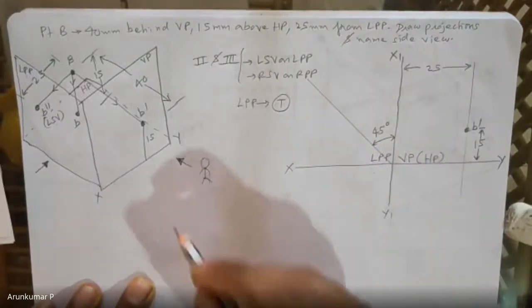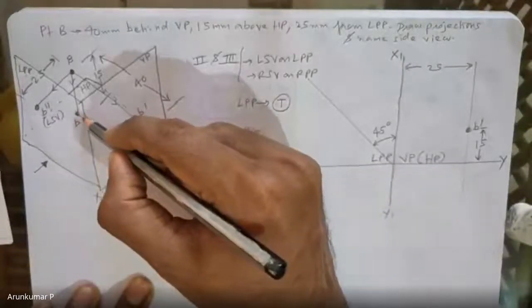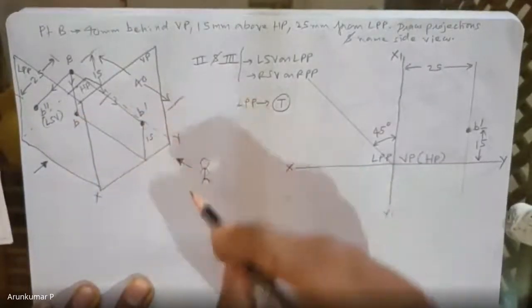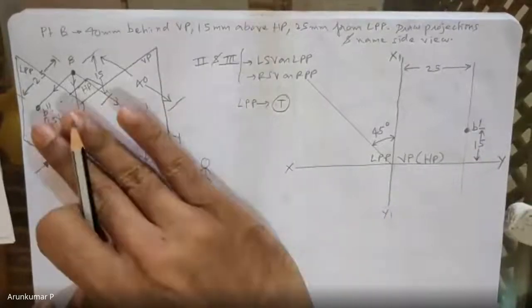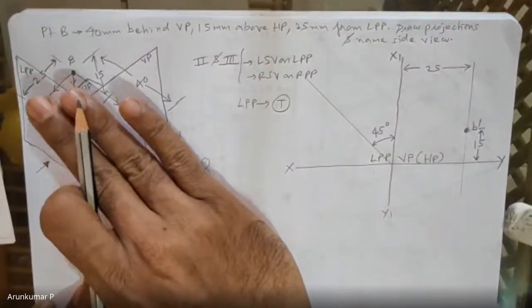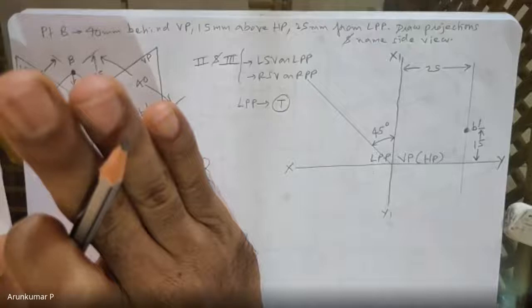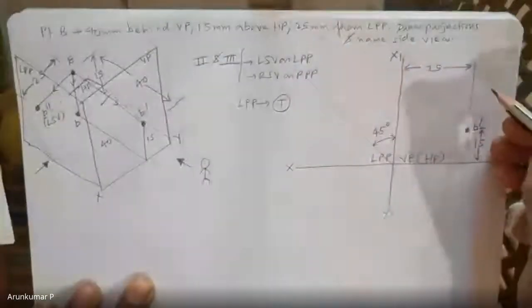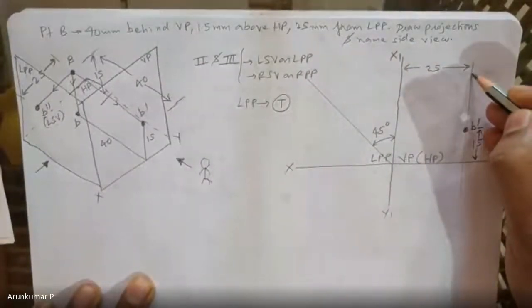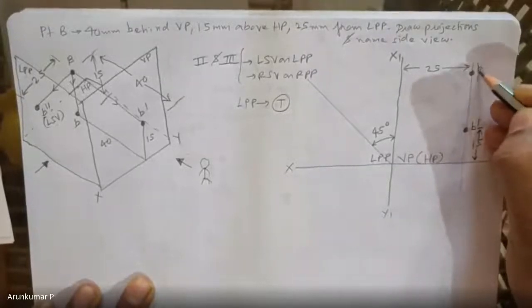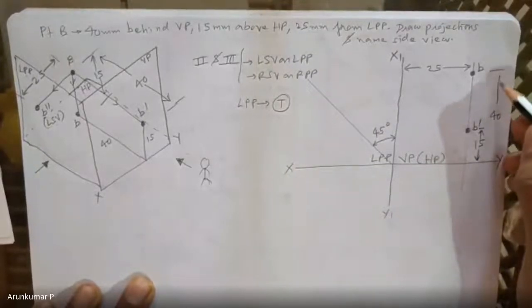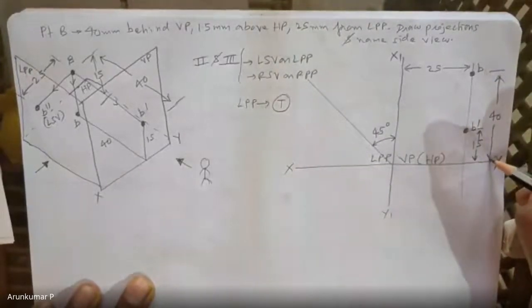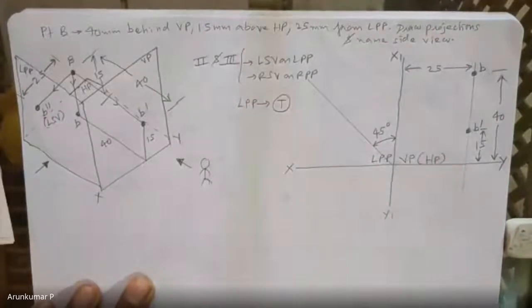Okay, next. B, the top view, is at what distance from XY line? What is the length of this line? 40 mm. Exactly, 40 mm. So what will happen to this horizontal 40 mm line when you rotate HP? It will become a vertical line. So 40 mm you may be getting somewhere here, B. Clear?